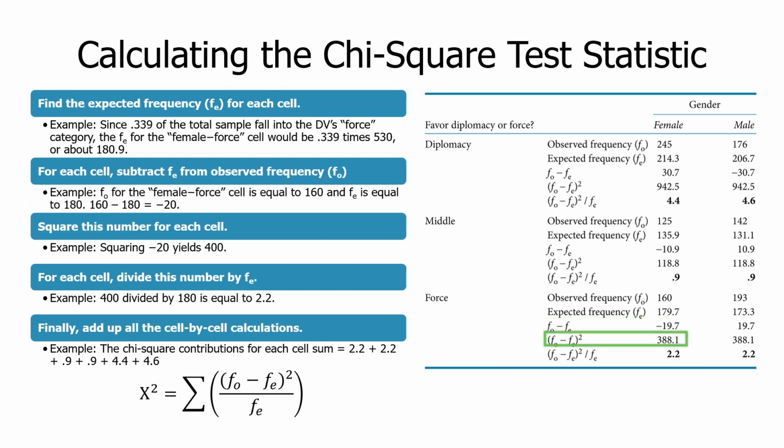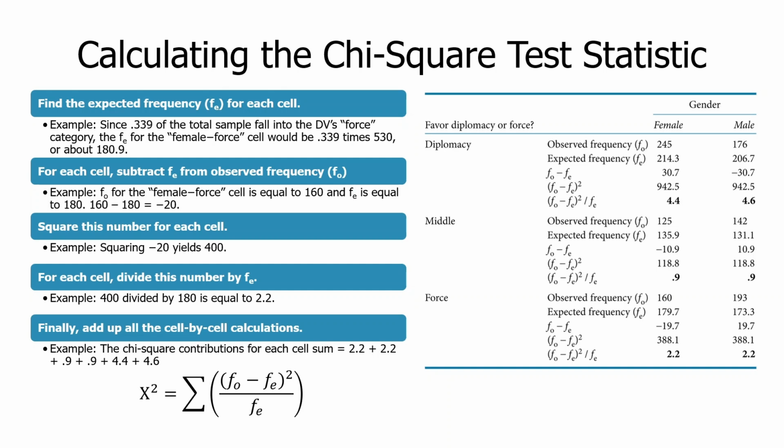Then if you divide the 388 by the expected frequency, which is 179.7, you get a value of 2.2. So for this cell, the null hypothesis was off by 2.2. The null hypothesis said you should have gotten 0 here. You got 2.2, but you got 2.2 because your departures from expectations occurred by chance.